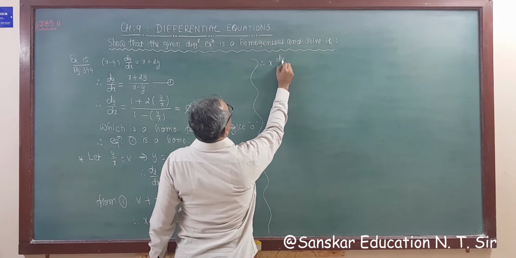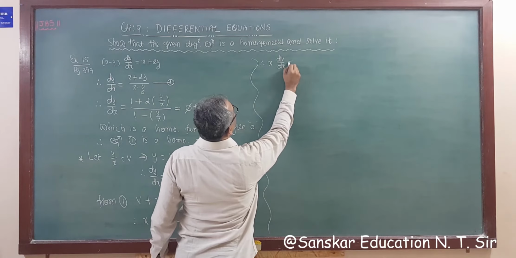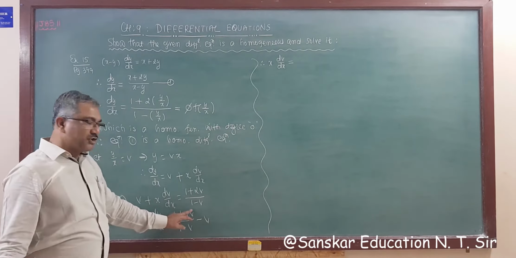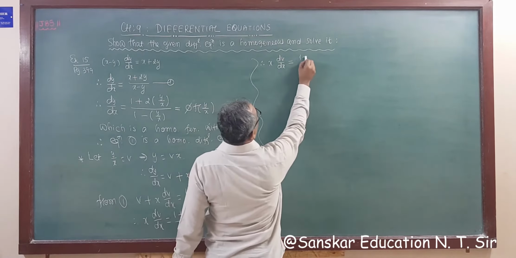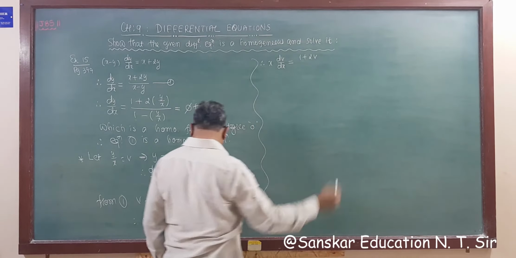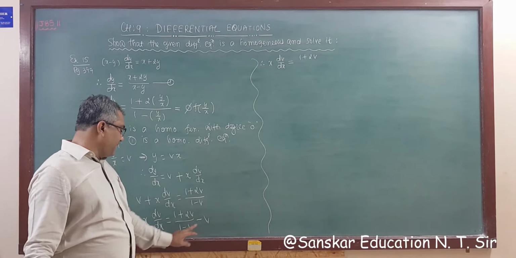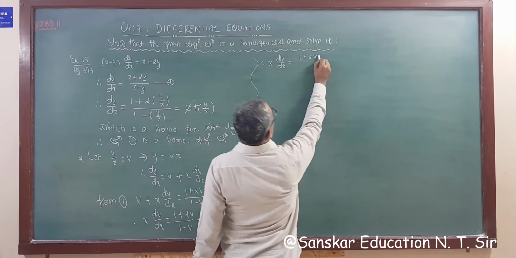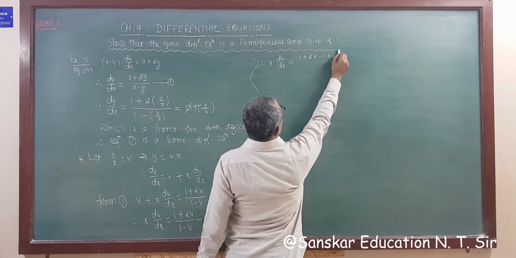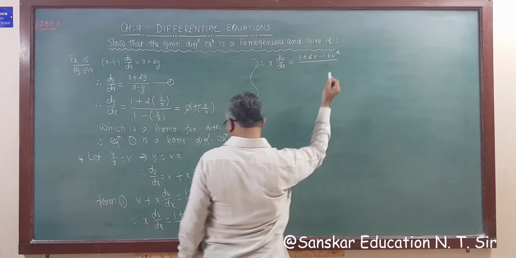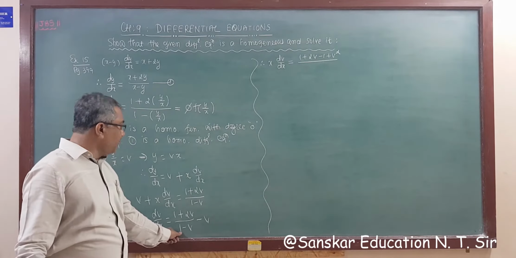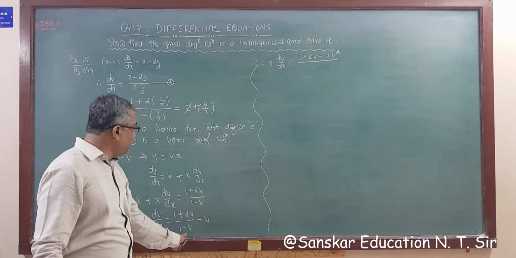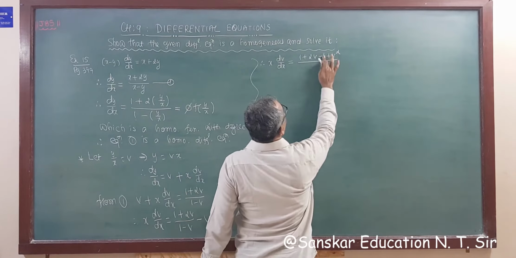So x dv by dx is equal to 1 plus 2v as it is, multiplying with 1 minus v, plus v square. Sorry, I made a mistake.